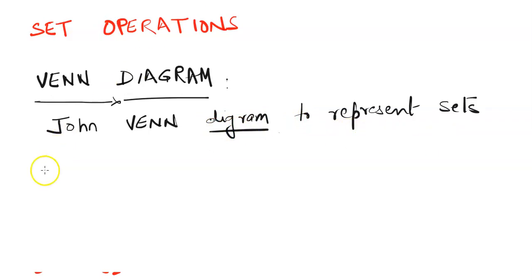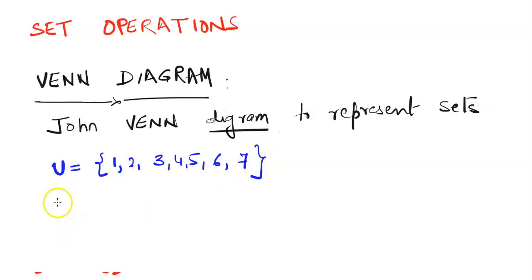So let's take an example. Let's say there is a set U which has the values 1, 2, 3, 4, 5, 6, 7. And then there is a set A which has the values 1, 3, and 5.